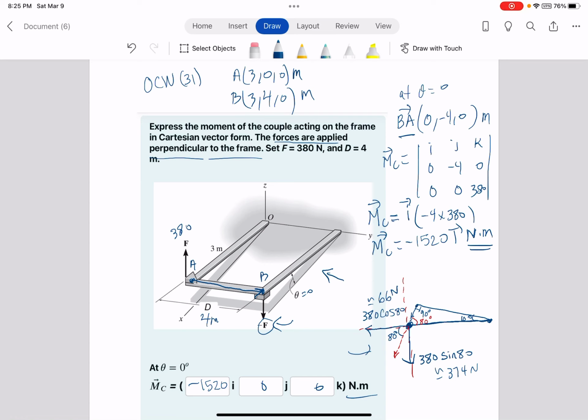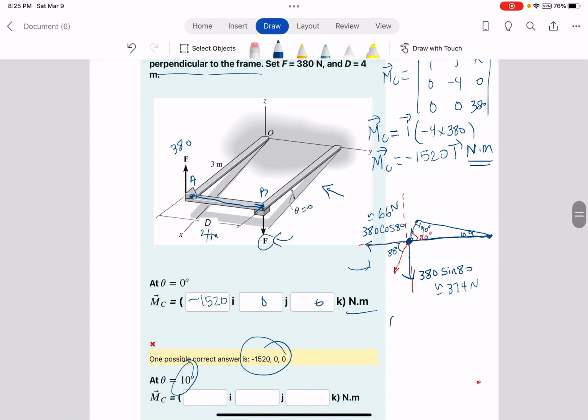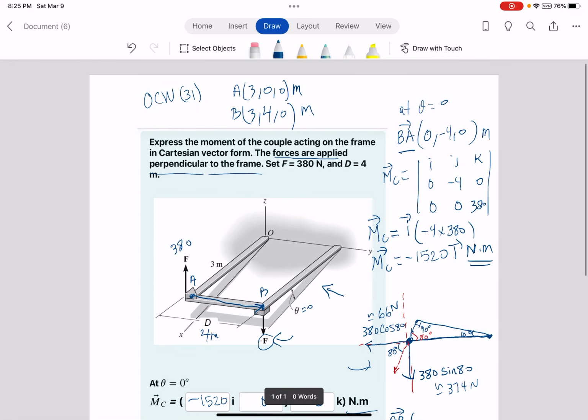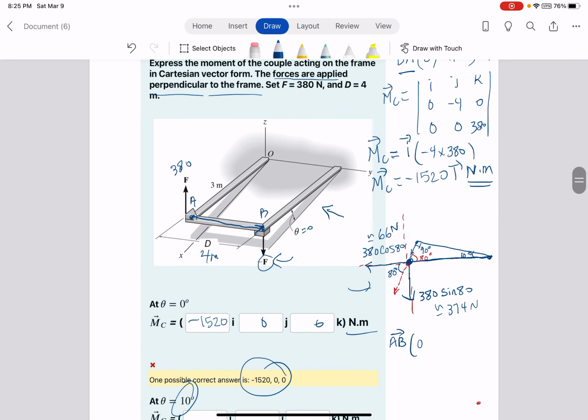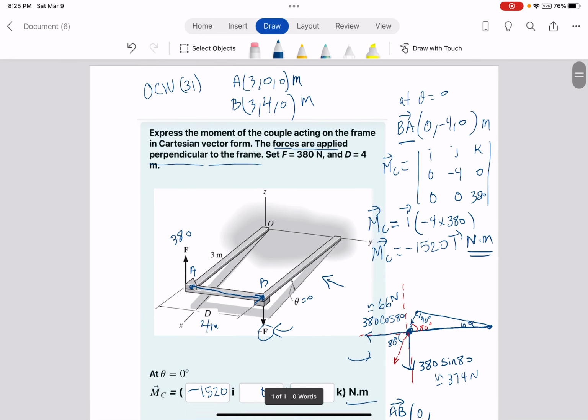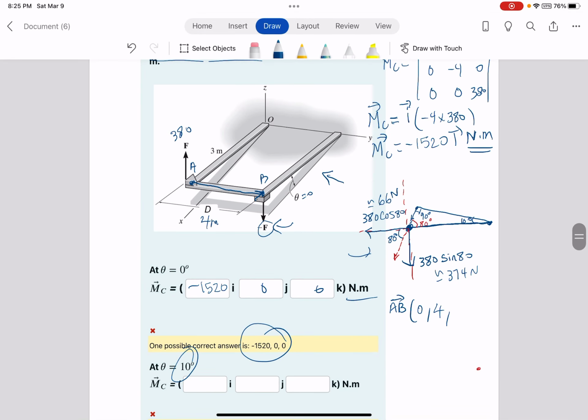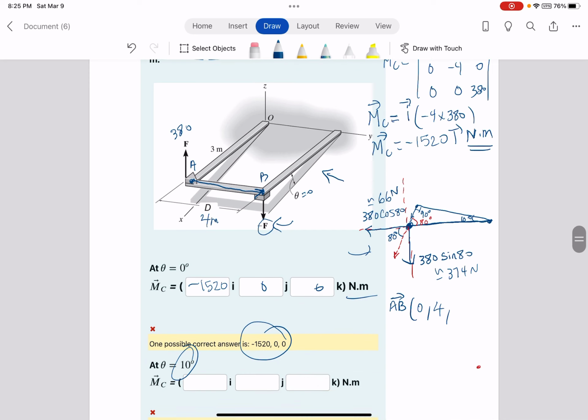So position vector AB means B minus A: 3 minus 3, 0; 4 minus 0, 4; 0 minus 0, 0. That is AB.